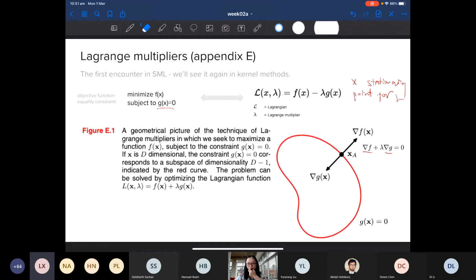So suppose this x is a stationary point, then the claim is that the gradients of f and g line up, right? They are either parallel or anti-parallel to each other.